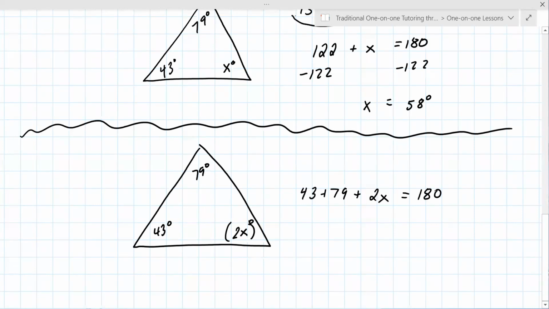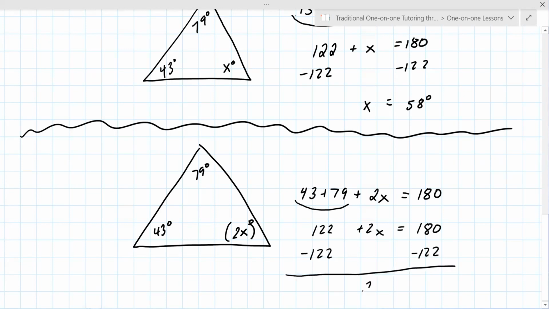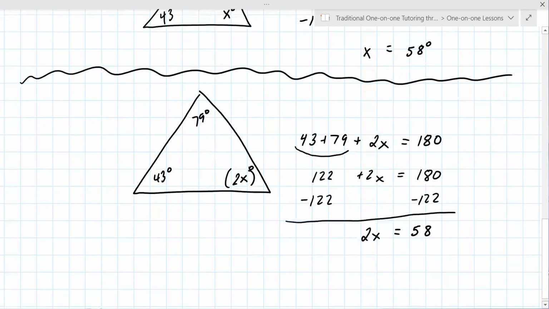If we add these again, 122 plus 2x equals 180. So what you need to do is subtract 122, and then you get 2x is 58.